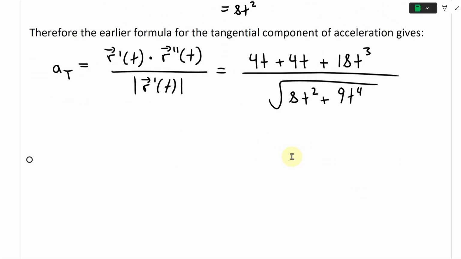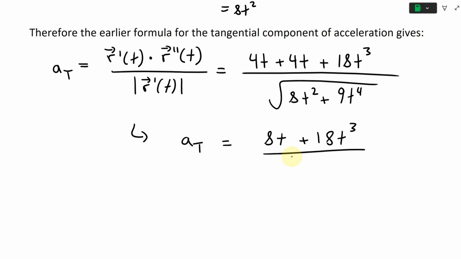So a_T equals 8t plus 18t cubed divided by the square root of 8t squared plus 9t to the 4, and then box this whole thing in.